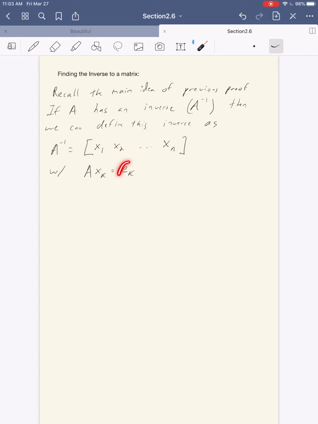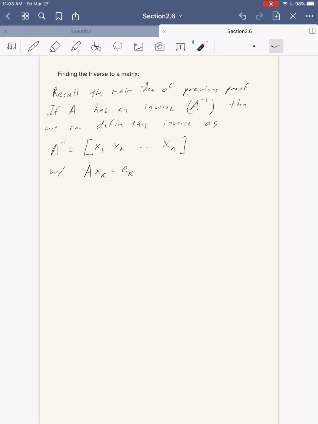And remember, these ek's were those elementary column vectors, and these were the column vector components of the identity matrix. And this was the trick that we used. We define the inverse, if it's going to exist, as the solutions to the coefficient matrix times those solutions equaling the column vector components of the identity matrix.